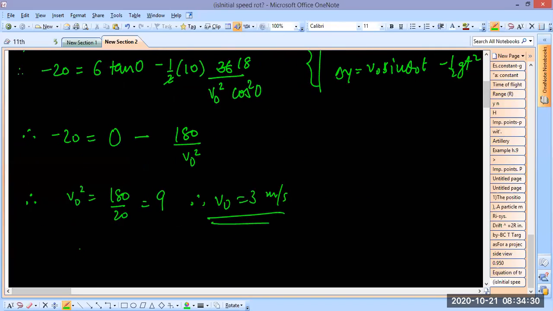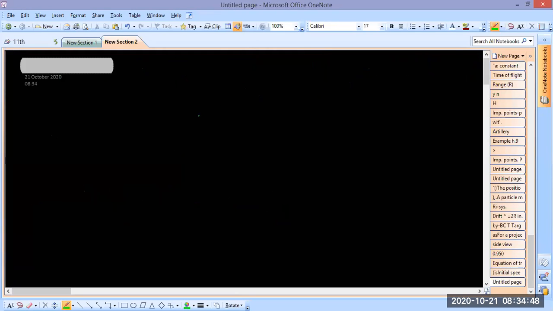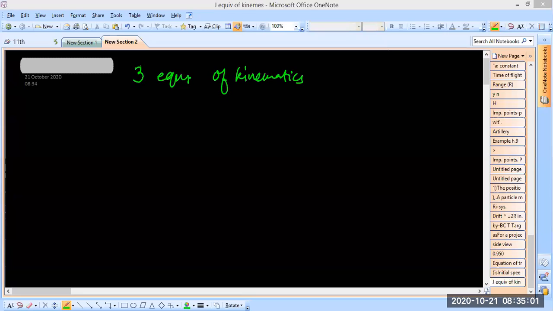Now finally let me just remind you of what tools, what formula we have for projectile motion. It is the same. Actually the derivation is the same, right? Because all the physics we have studied so far, all this comes from 3 equations of kinematics, right? So ultimately everything is one and the same, however you do it, right?